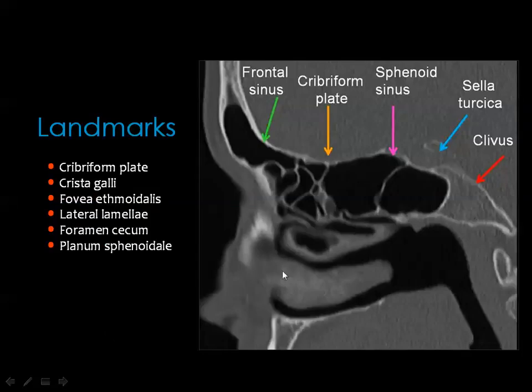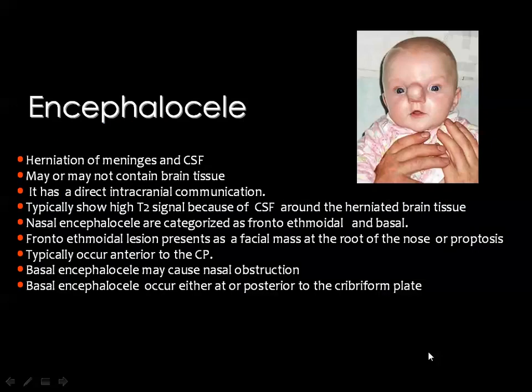Then in the sagittal image, you can see clearly this is the frontal sinus, and this is the cribriform plate of ethmoids. This is the sphenoid sinus, and this is the dorsum sellae, and this is the clivus. We'll discuss this in the middle cranial fossa, of course, inshallah.